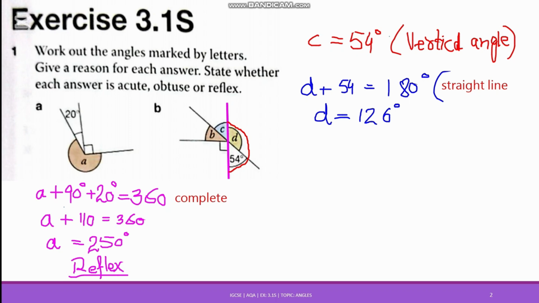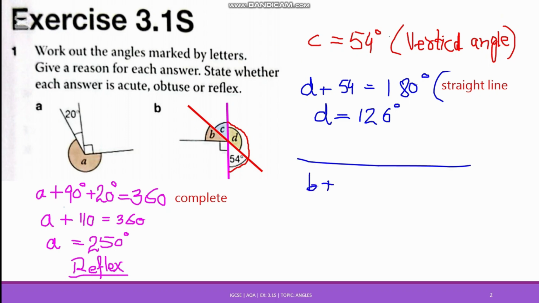Now to figure out the size of B, we will again consider a straight line. This time we will consider another straight line, which we can mark over here. Again, the sum of B, this right angle, and 54 degrees should add up to 180 degrees. So we'll make another equation.